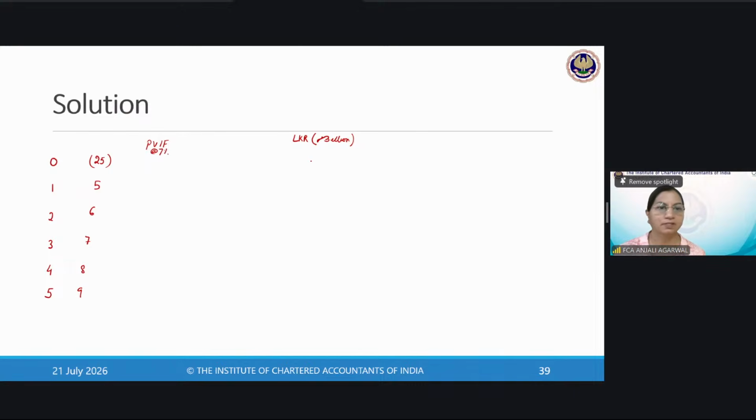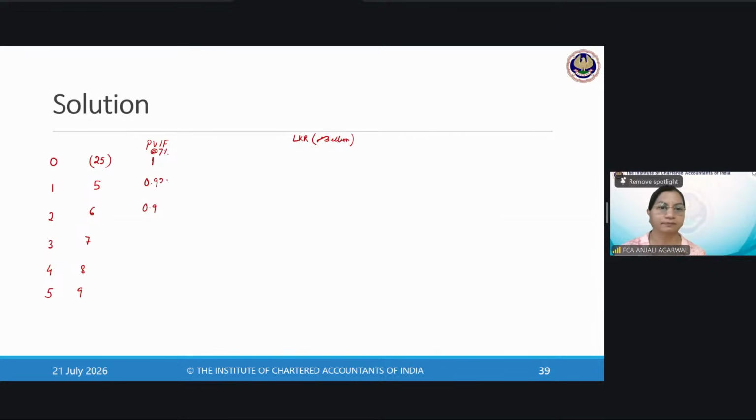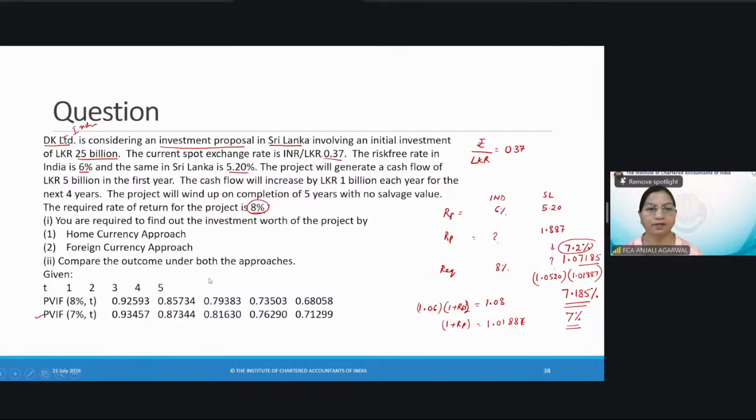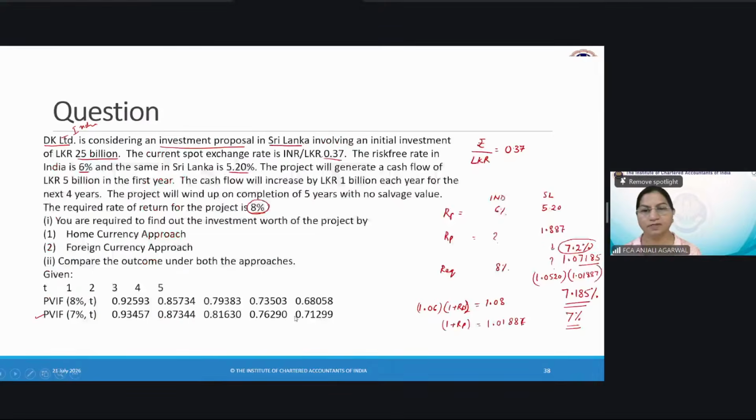Use them. This is 1, then 0.93457, 0.87344, 0.81630, 0.76290, and 0.71299.